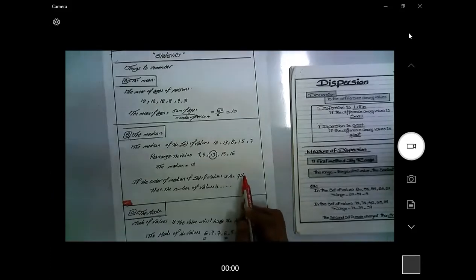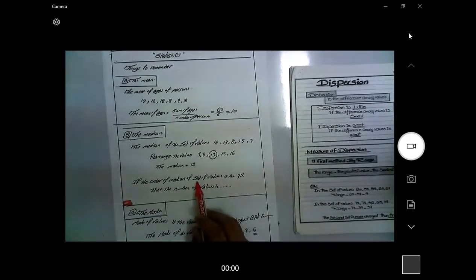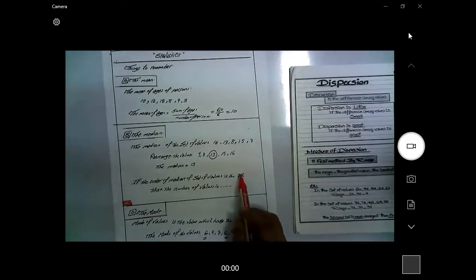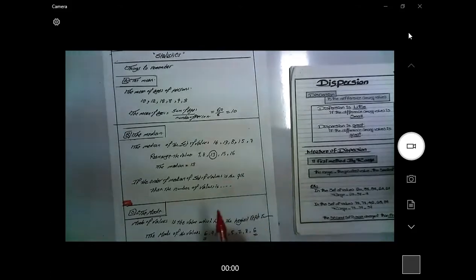This means that we have 8 values before the 9th and 8 values after the 9th. So 8, 8, and the 9th make 17 values. Then the number of values is 17.